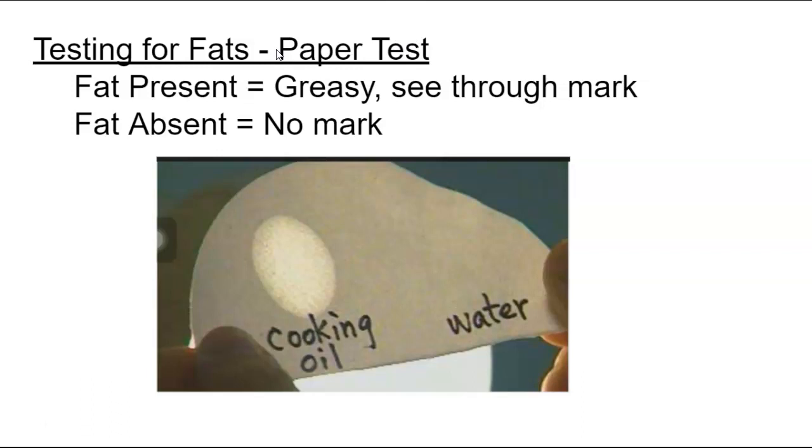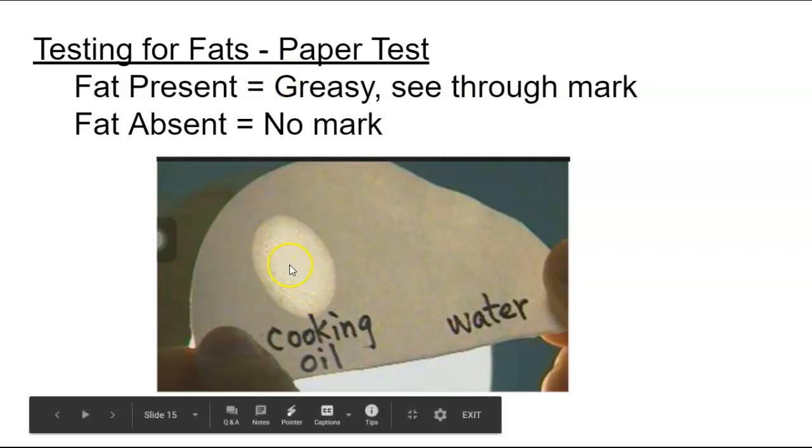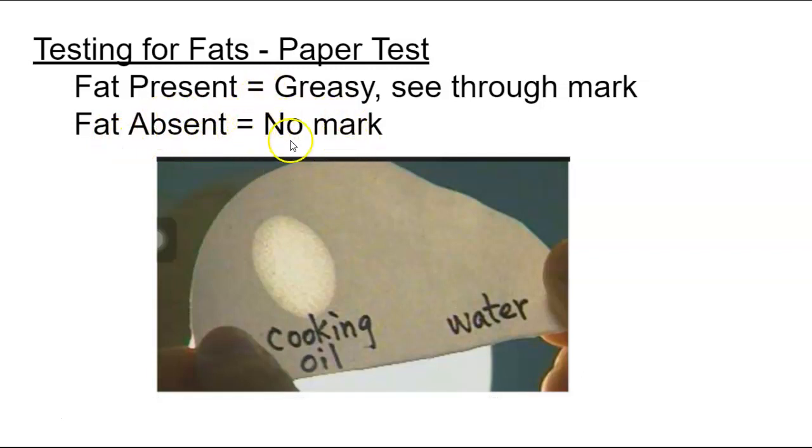You may have noticed that when you get a bag of French fries, the bag that it comes in has these grease spots on it. So what we do is we take some of the food, whatever that food is, we wipe it on the paper and then we let that paper dry. If there's fat present, we'll see a greasy mark. And when we hold that mark up to the light, we'll be able to see through it. If there's no fat, we're not really going to see any greasy mark.